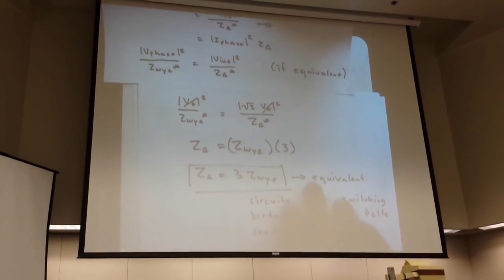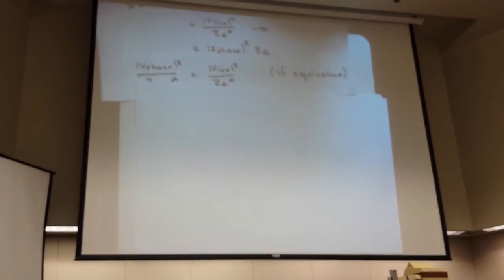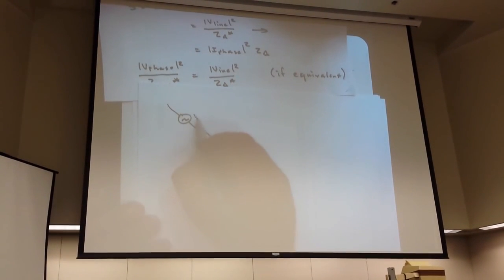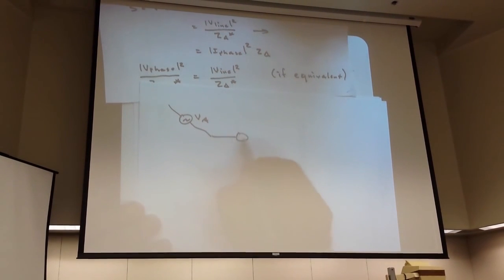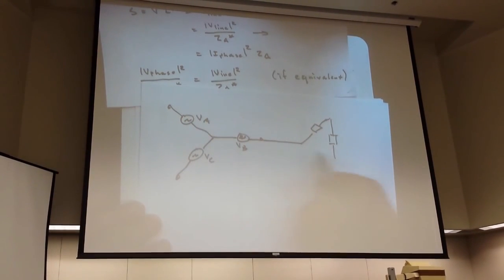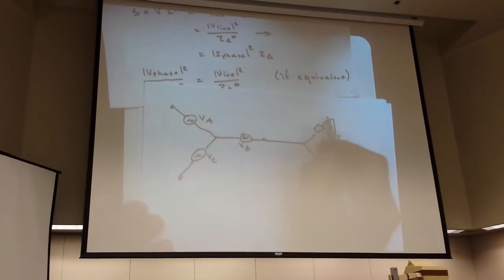But if we mix things up, and we do this, VA, VD, DC, how do we analyze this circuit?